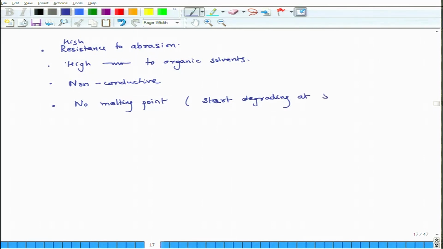Suppose you have to make some brake liners, there is a lot of friction there and you want wear resistance. You can put in Kevlar there and it will be stable up to 500 degrees centigrade. So, that is a very strong advantage. So, very stable material, low flammability.